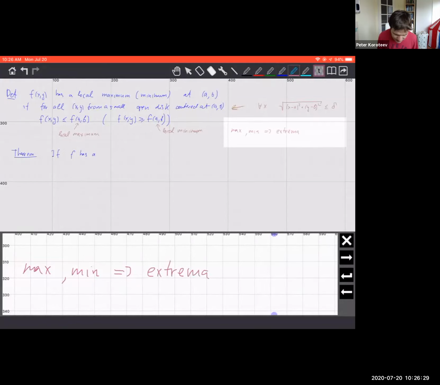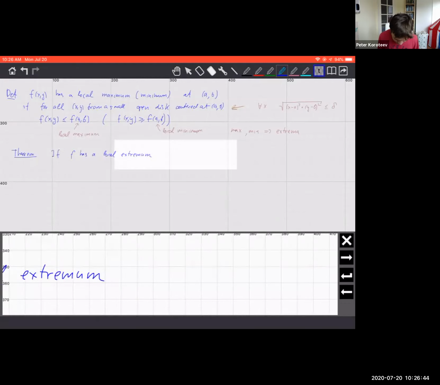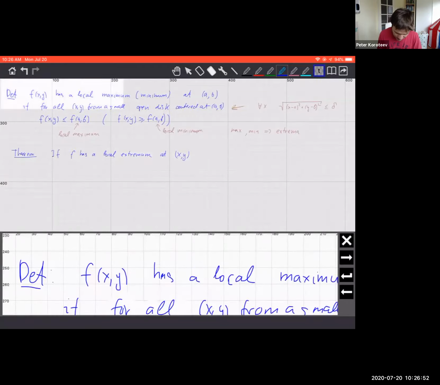So we have a local extremum if the function has either a local maximum or a local minimum. So if f has a local extremum at (x, y) equals (a, b), as before, we're taking the function of two variables for simplicity.